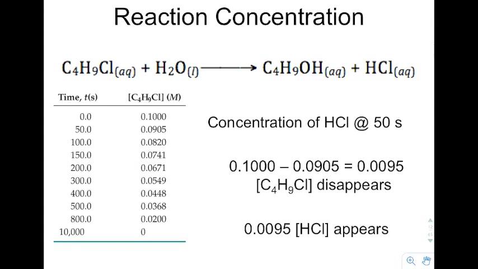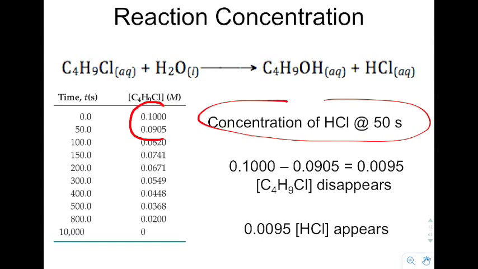So we can look at reaction concentrations, and we can use stoichiometry. If I wanted to know how much HCl there is at 50 seconds, or what the molarity is, I can say, okay, this right here is how much disappeared. I originally had a molarity of this at this point, and then now at 50. So I had 0.095 molarity of this disappear. Now you look at the stoichiometry.